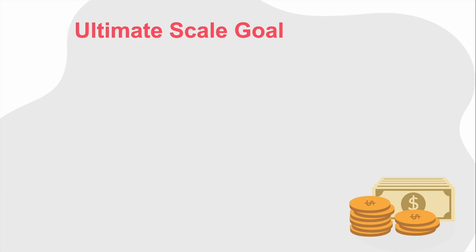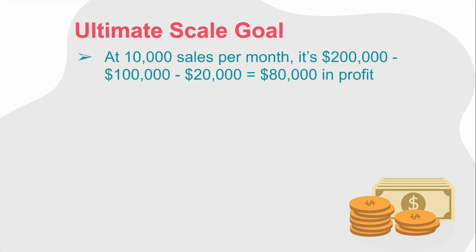So let's actually look at how this will scale as the business grows. Let's say we sell 10,000 shirts per month. That's a revenue of $200,000, minus half of that goes to COGS, minus $20,000 for staff. We don't have to hire that much more staff, maybe another support person, maybe another marketing person, but not a lot more people.